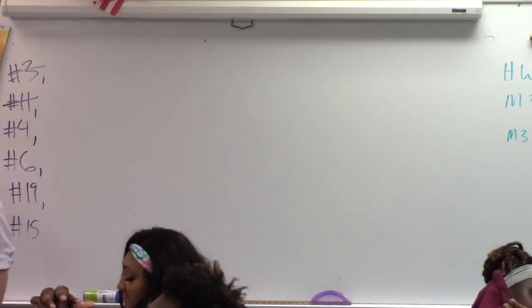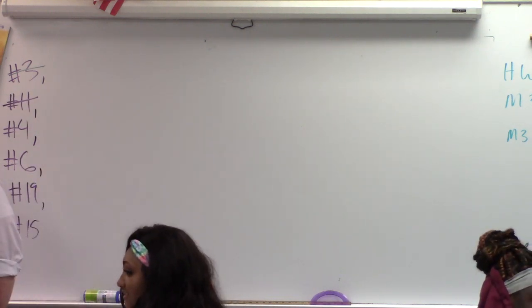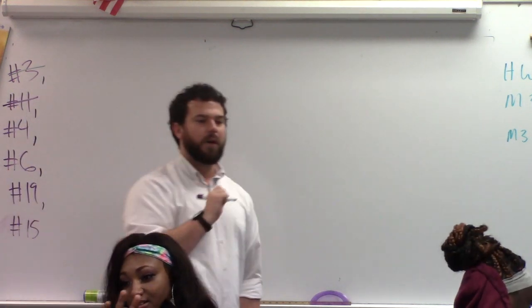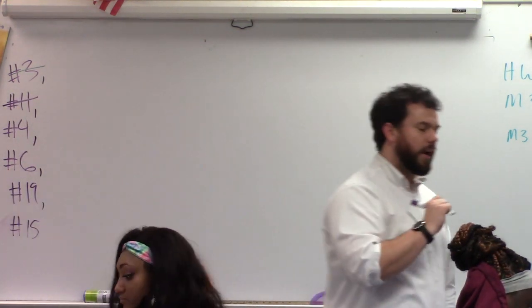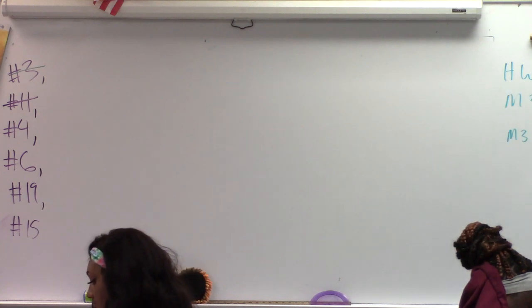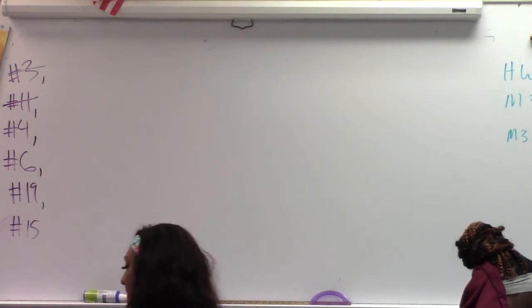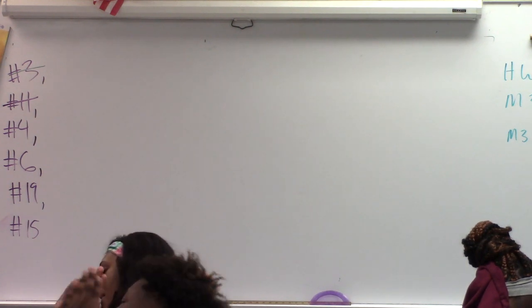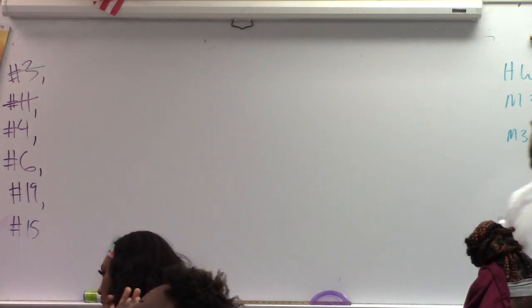So, solving right triangles with trig functions. Please hear me very clearly on this. Scratch out the word functions and put the word ratios. We're not using trig functions, we are using trig ratios. A function is a graph with both inputs and outputs. We don't have that.